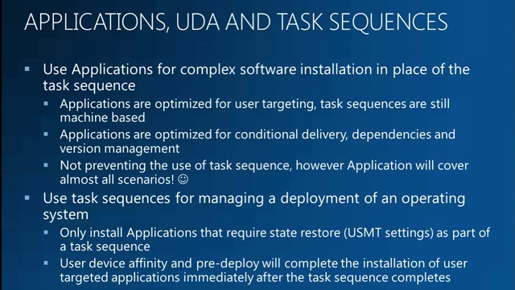The app model also provides you a rich monitoring experience: why it failed, whether it succeeded, what requirement rules failed, why this did not install because the detection method was not created appropriately, or it was wrongly created, or whatever. So these are the reasons why we believe that apps should be deployed using app model versus the task sequence.